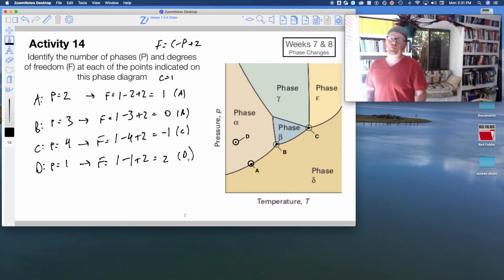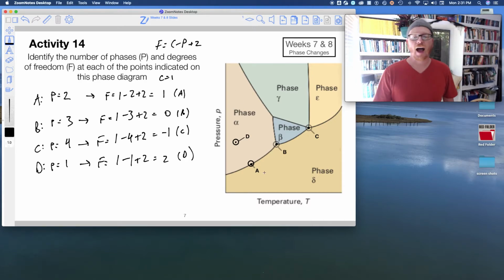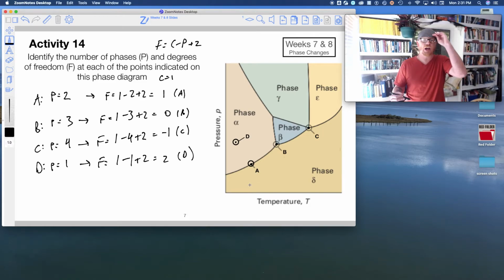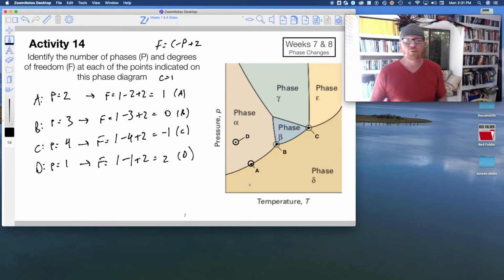So what does all of this mean? At point A, I only have 1 degree of freedom. What that means is I can't change the pressure without a corresponding change in temperature if I want to maintain those 2 phases in equilibrium with each other. In other words, if I'm changing the temperature and I want to stay on this line, I have to change the pressure as well.